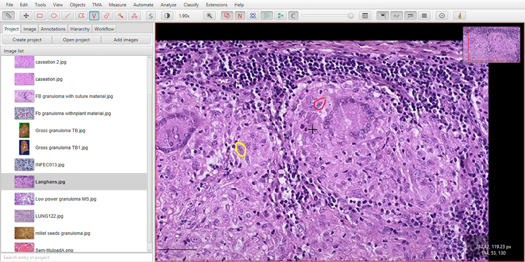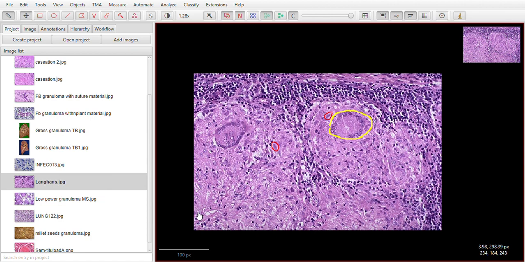Another very important feature to identify a granuloma is a giant cell. In this case, it is a Langhans type of giant cell because the nuclei are arranged peripherally. In the whole view, you will see lots of lymphocytes rimming these granulomatous areas.